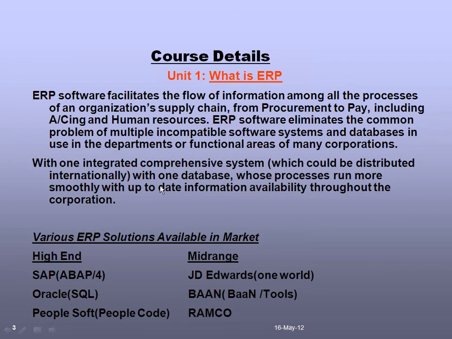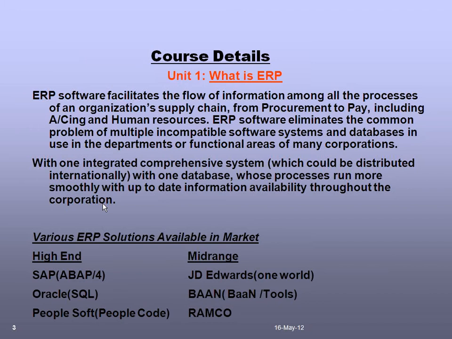So therefore, with one integrated comprehensive system, which could be distributed internationally with one database, processes run more smoothly with up-to-date information available throughout the corporation. That means avoid using one system for vendor management, another system for accounts payable, one more system for purchasing. Instead, use only one system which is comprehensively integrated across all modules, can be distributed across geographies, and contains only one database.